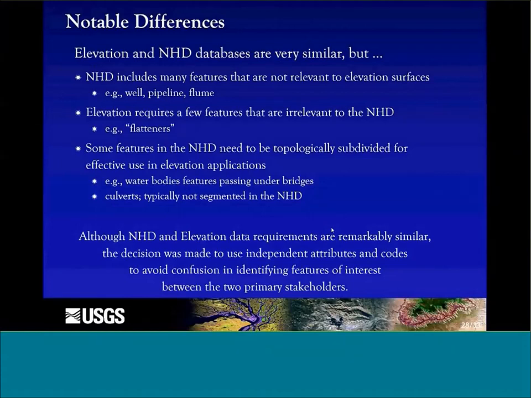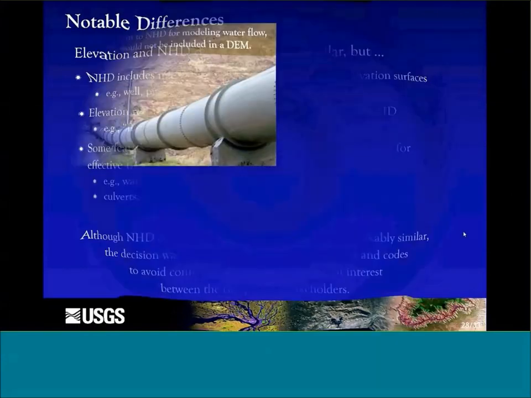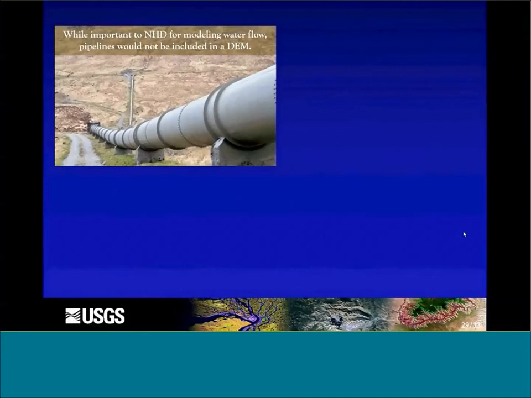Trying to keep them all the same was going to cause more confusion than it was going to solve. So on the handful of differences, certainly while the NHD might want a pipeline indicated, and this is an oil pipeline, but let's just pretend there's water in it.